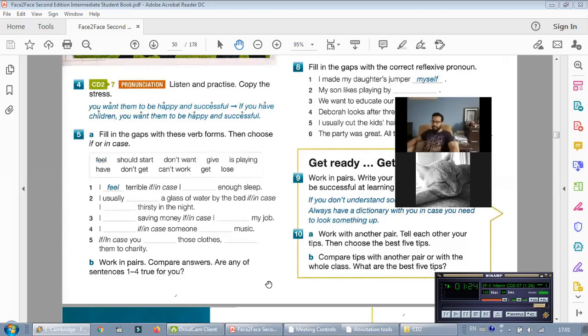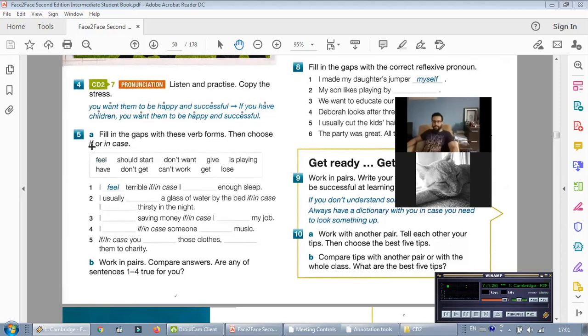All right, so these are just some examples of zero conditional, and I think they just want you to get used to the structure. Now we have a complete the sentence exercise. It's a little tricky.